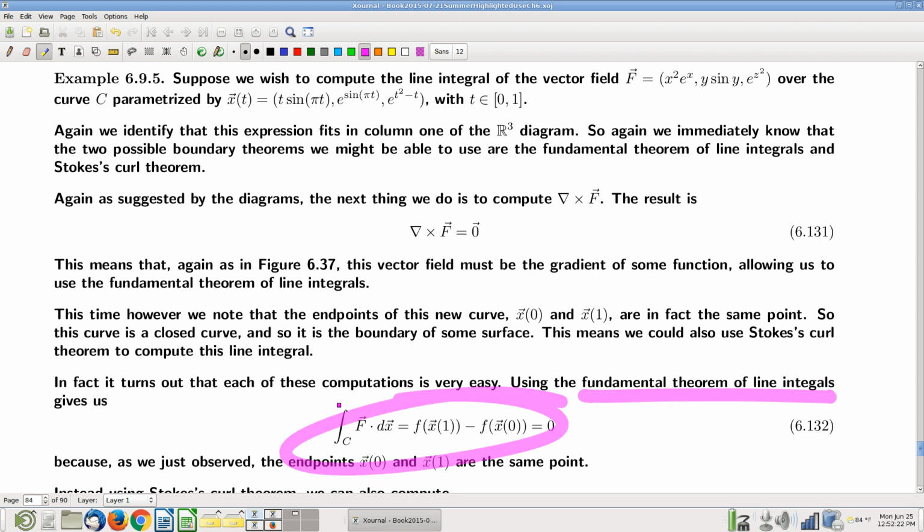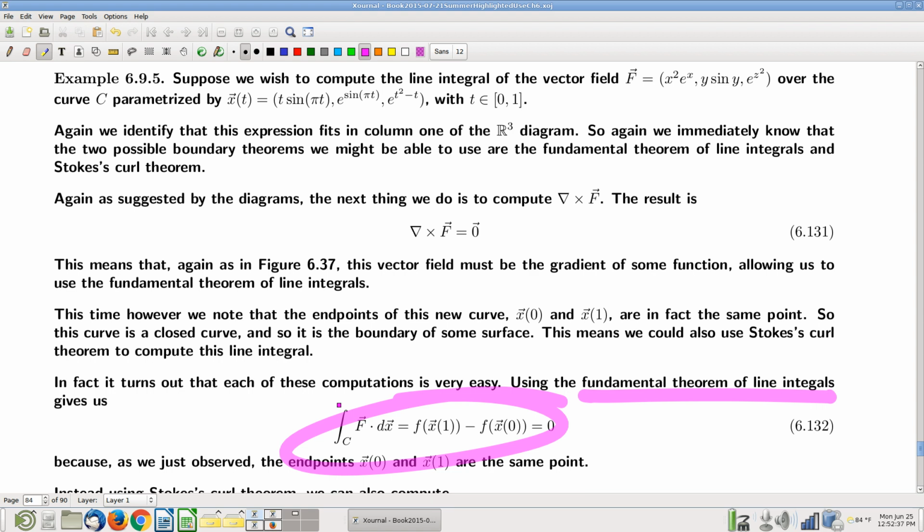Here's what the fundamental theorem of line integrals would say. It's f of x of 1 minus f of x of 0, right? F of b minus f of a. And we don't know f, and we were bemoaning a little while ago that it's going to be super hard to find f.